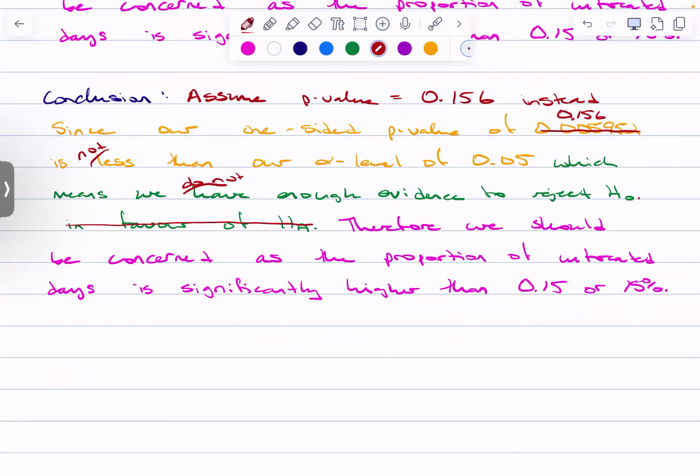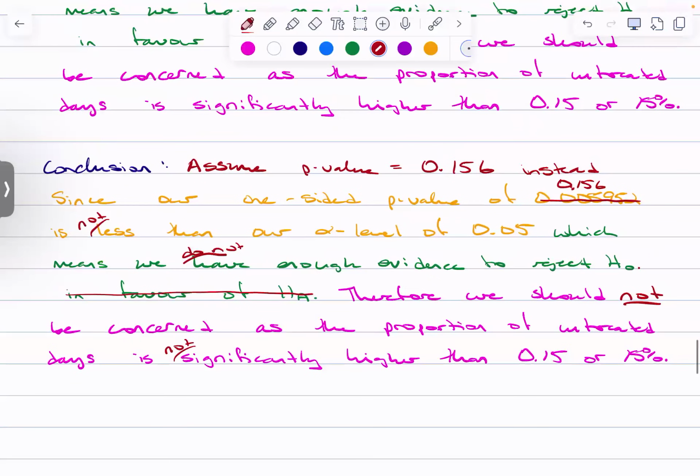Therefore, we should not be concerned as the proportion of untreated days is not significantly higher than 0.15. Right? And so that's why I want you to, right, our p-value, it either is less than the alpha level or it is not less than the alpha level, because then you get this symmetry where you can just throw in some nots everywhere. Right? Nice.